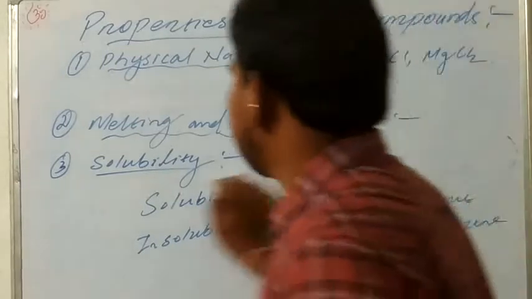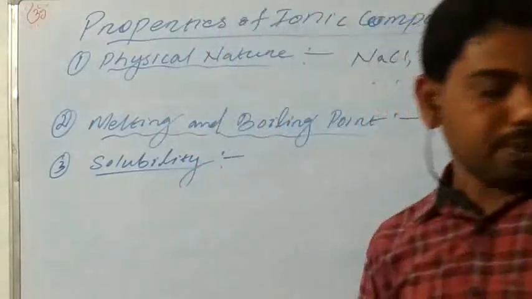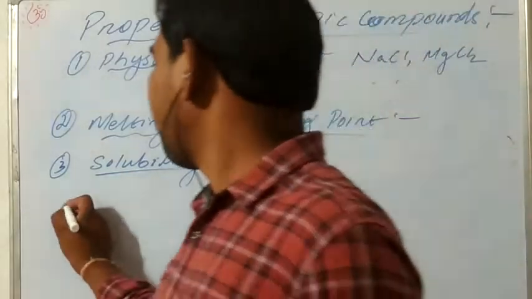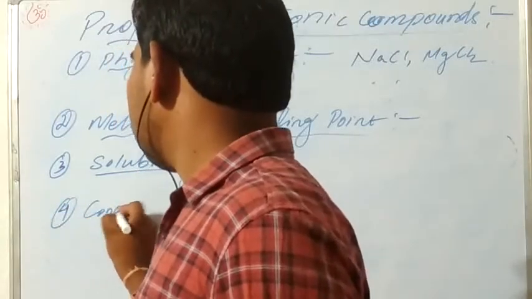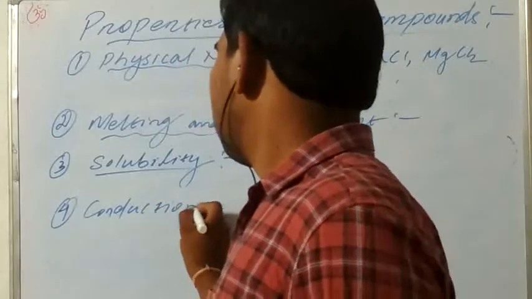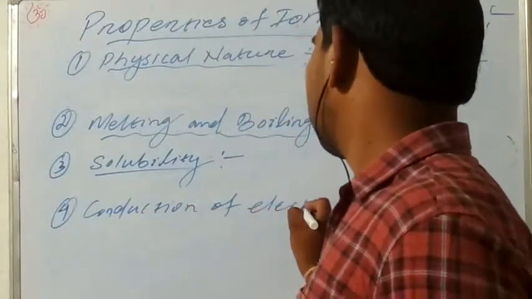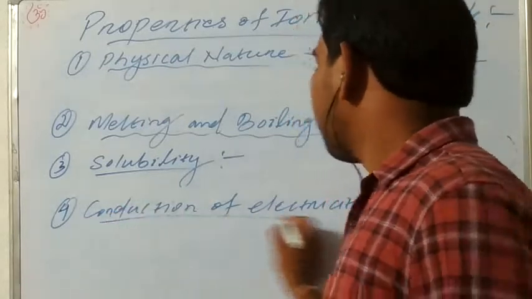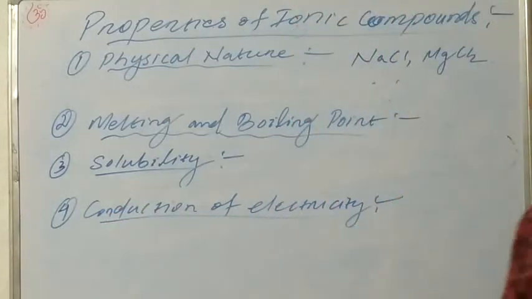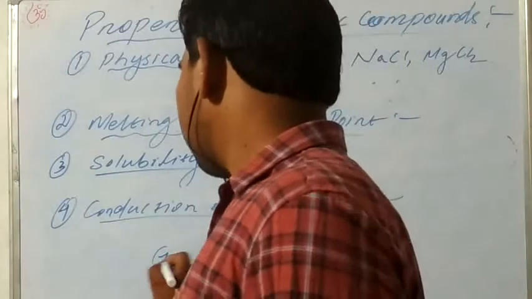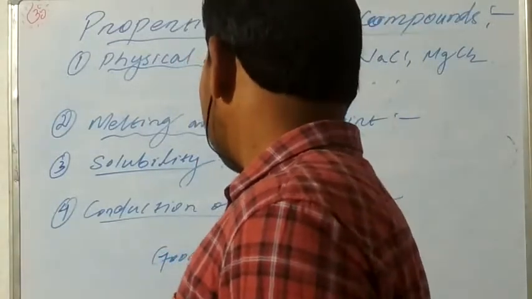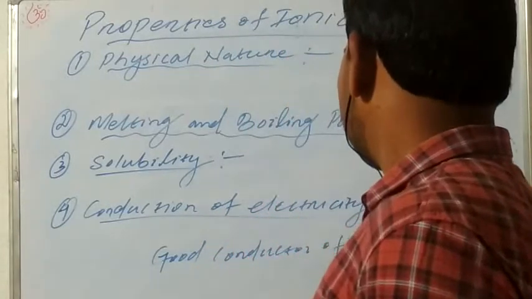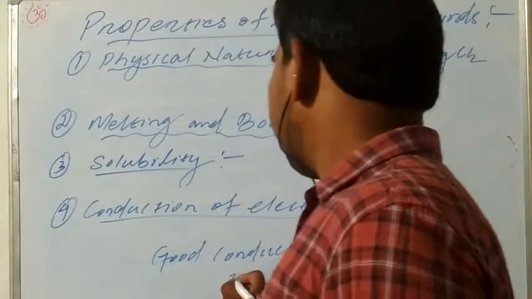And the next property, number 4, is conduction of electricity. Ionic compounds are mainly good conductors of electricity in their aqueous solutions.